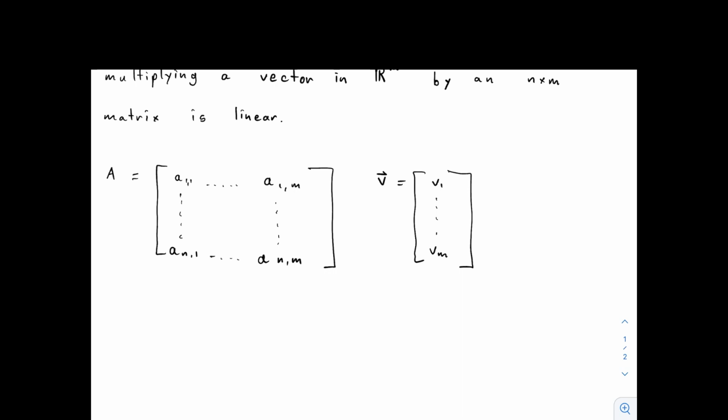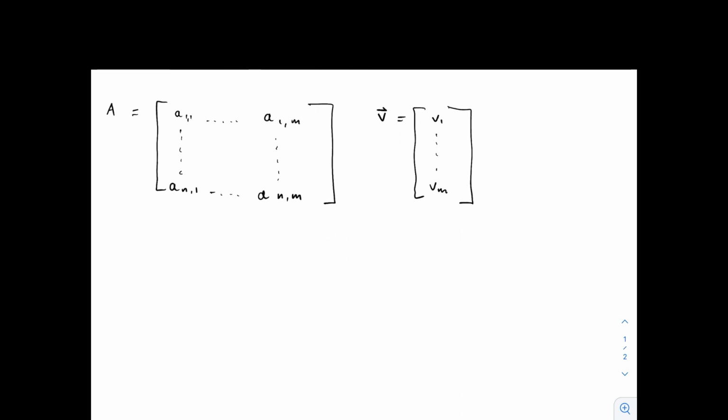How we can write that out formally is that if the transformation T of some vector is linear, then T of some vector v1 plus some constant, which I'll label c, times some vector v2 should be split apart, right? Or if this transformation is linear, it will be preserved as follows.